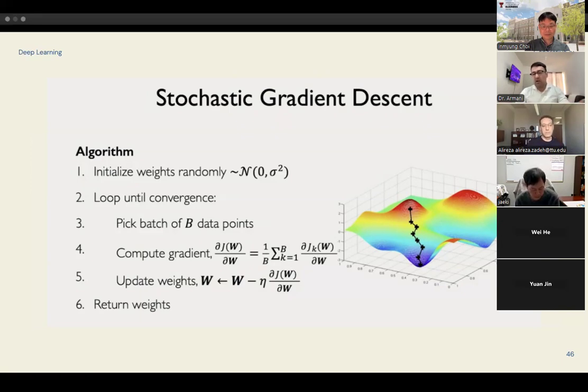But how much should we move towards the minimum point? The distance that we move should not necessarily be proportional to the gradient. What we need is the direction of the gradient, not the magnitude of the gradient. That's very important to note.